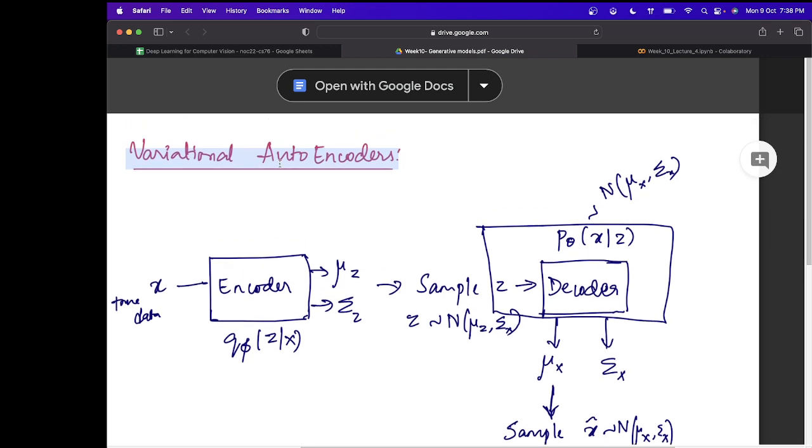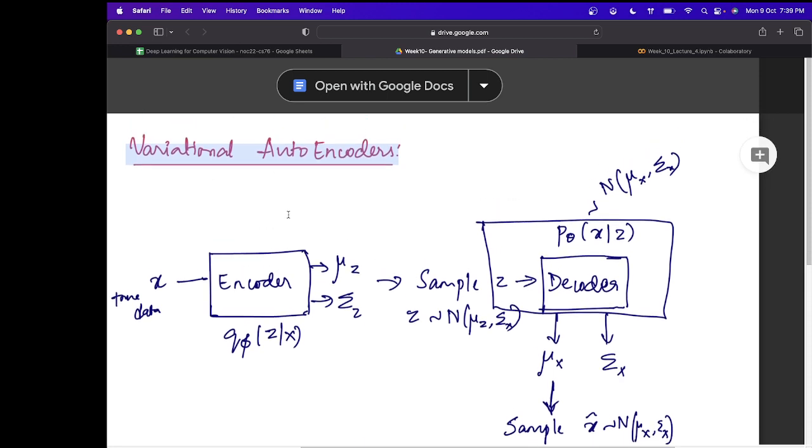There are now three things in the market: one is GAN, one is VAE, the variational autoencoder, and the other is the diffusion model. A kind of competition goes on among all three architectures, and currently the diffusion ones are becoming more popular. But a lot of research is going on in variational autoencoders as well.